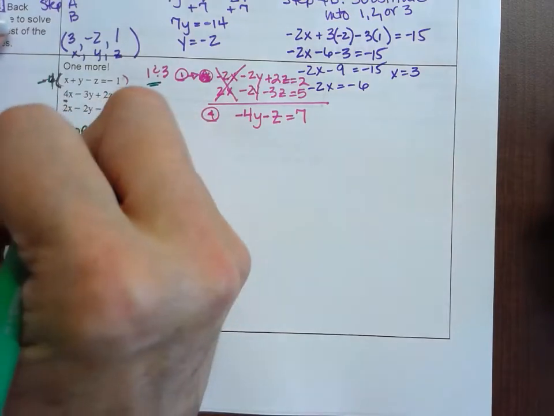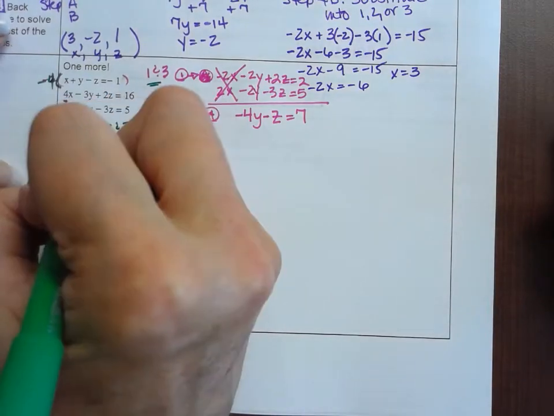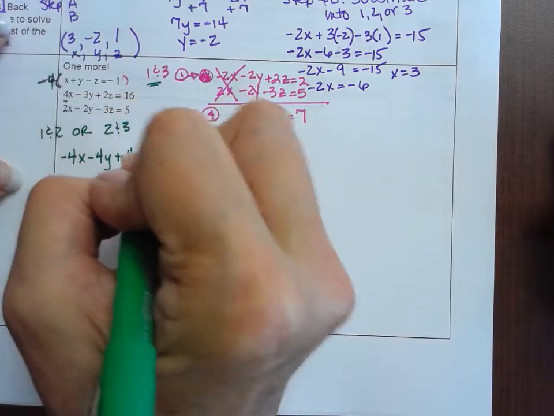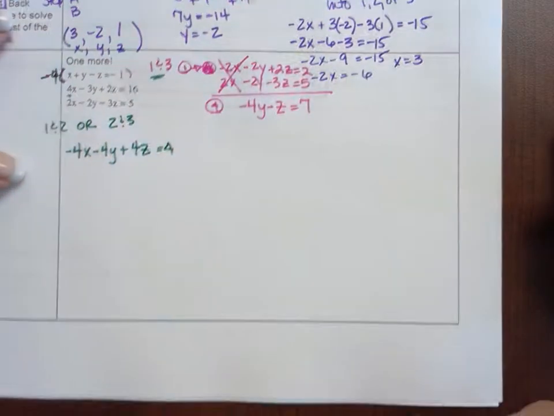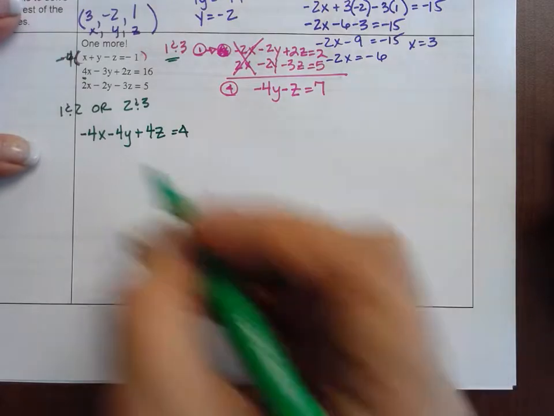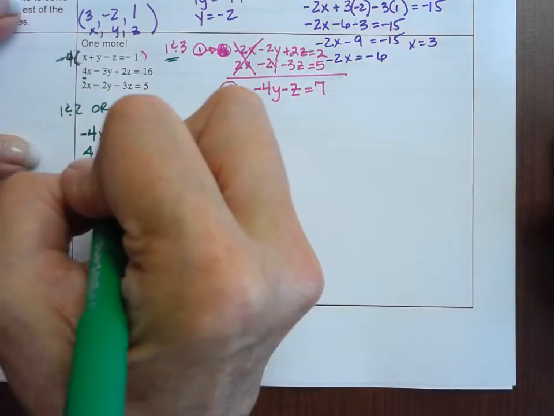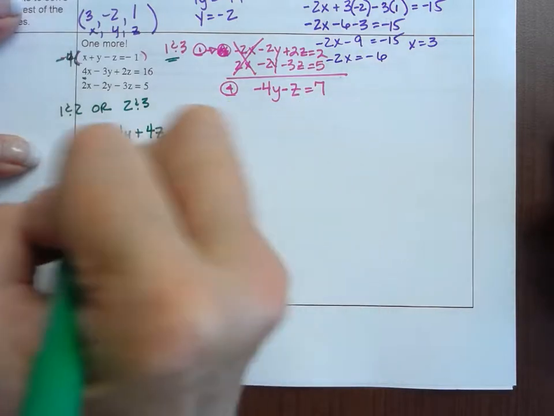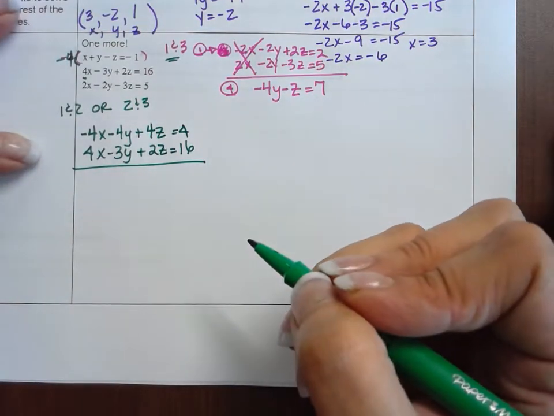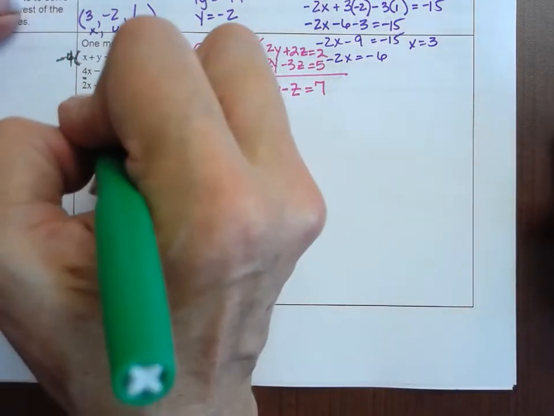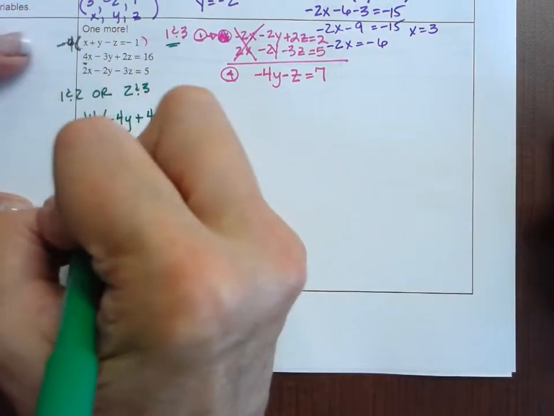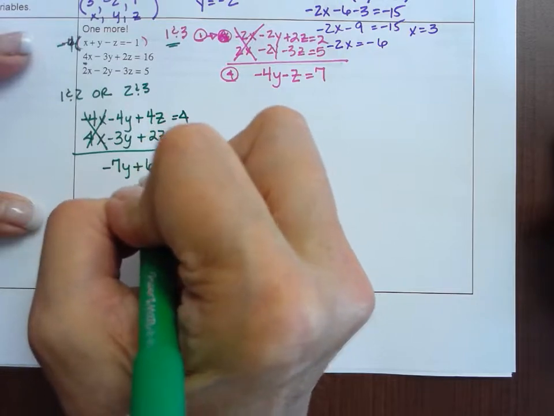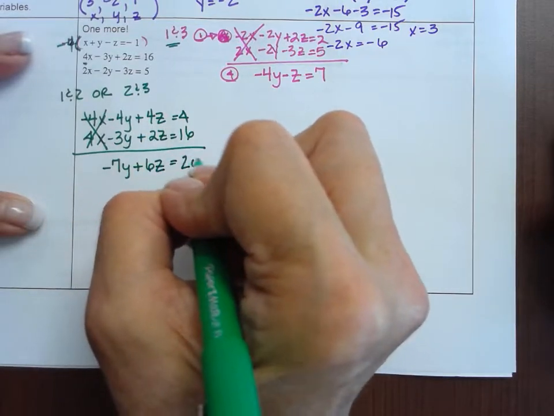So that gives me negative 4x minus 4y plus 4z is equal to 4. And number 2, I don't have to change. And so when they cancel, I get negative 7y plus 6z is equal to 20.